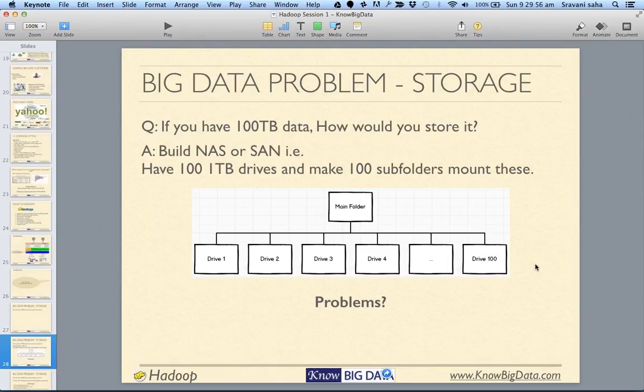Hardware failed, then it's a problem. That is correct. What else? Do you see any other problems? Scalability issues. Yes. If tomorrow you have to move from 100 terabyte to 200 terabyte, then it is going to be a problem. Any other? All right. So you guys have actually answered most of it.